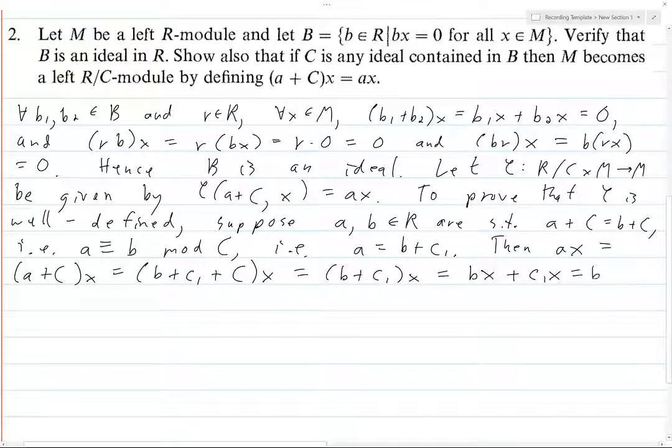But this, of course, is just Bx, since C1 is an element of big C, which is a subset of big B, which means that it gets killed. So I'm pretty sure B is the annihilator or something like that. I don't know. I haven't really internalized the definition of the annihilator.